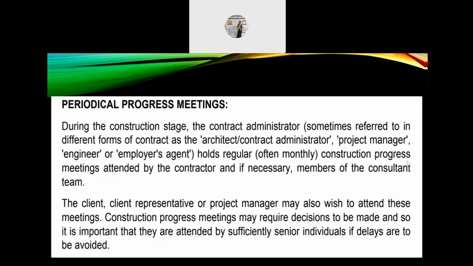The client representative or project manager may also wish to attend these meetings. Construction progress meetings may require decisions to be made, so it is important that they are attended by sufficiently senior individuals if delays are to be avoided.